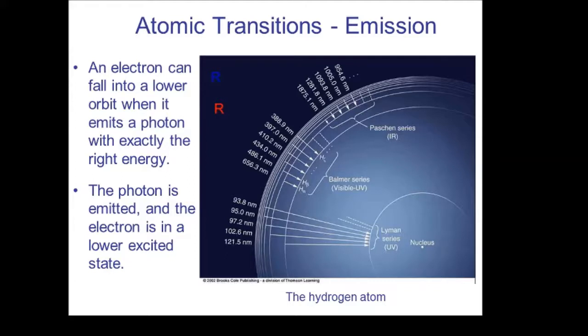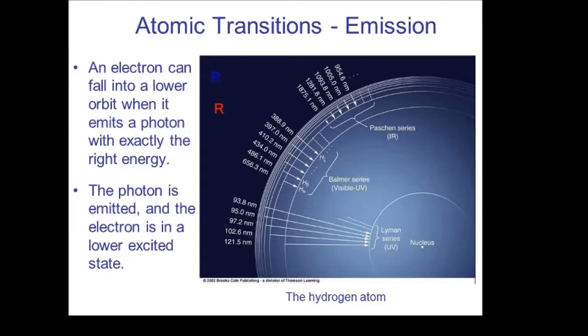Now, I said here that when this electron absorbs that photon and goes to level 3, it will come down spontaneously. It has options. It will not release the same photon necessarily. When it comes down, it has the option to go to level 2 or level 1. It can go from level 2 and then to level 1, or it can just skip level 2 and jump right down to level 1.